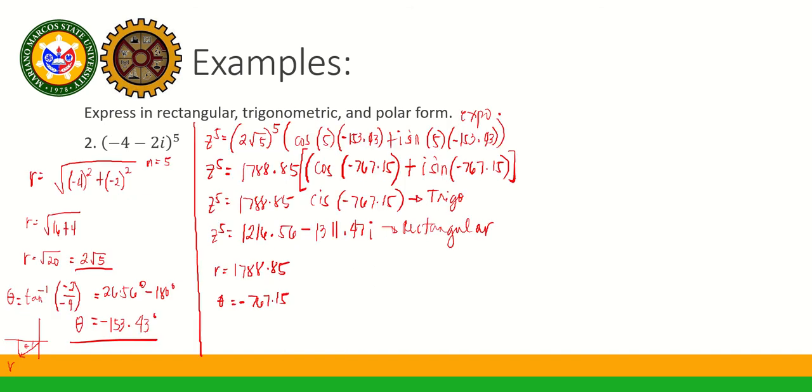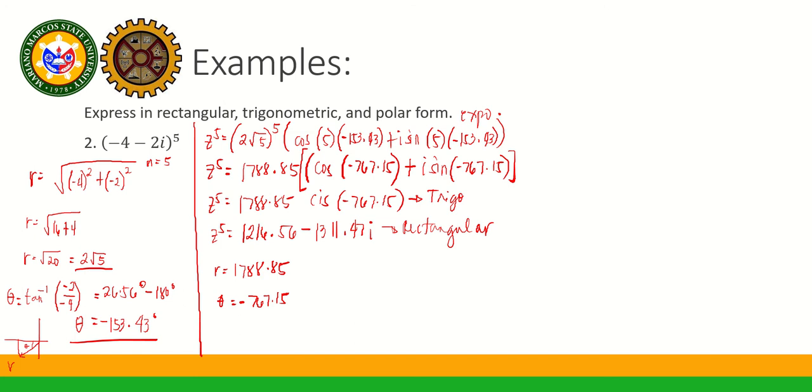Okay? So, from here naman, ito, meron tayong angle dito na negative 153.43, and then our new theta is negative 767.15. So, yung angle natin is lagpas sa total angle ng isang circle, which is 360 degrees.